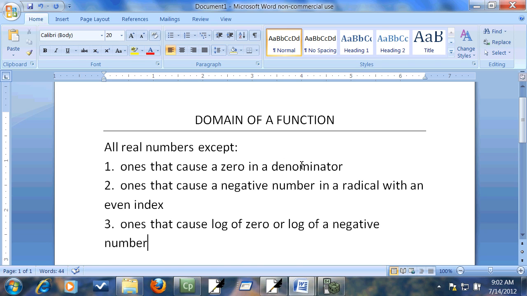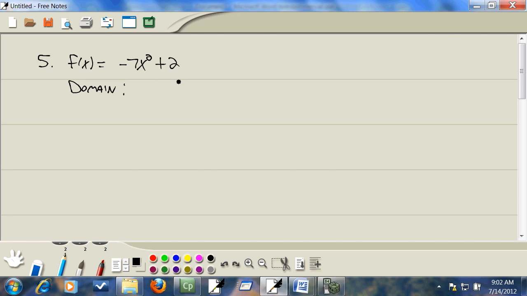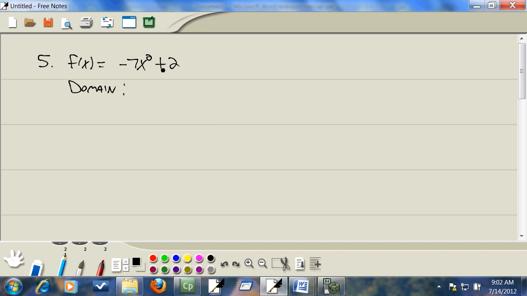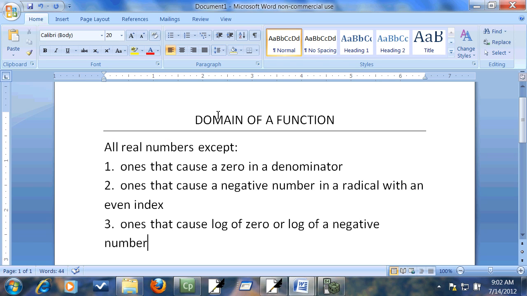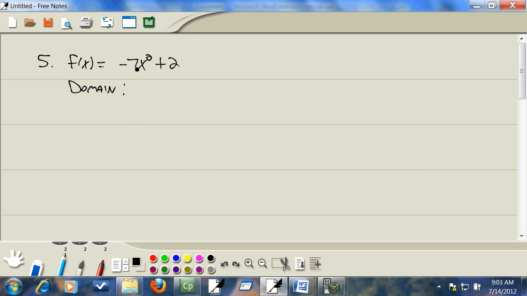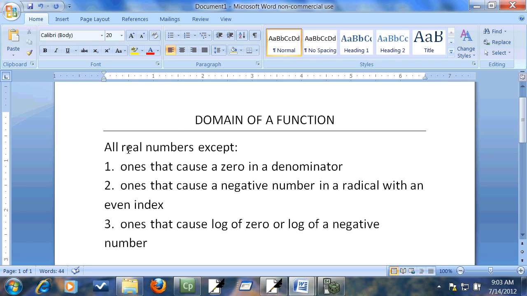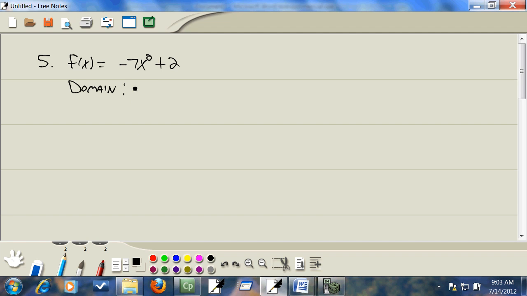Denominator implies you have a fraction. Don't have a fraction. Radical implies you have a radical with an even index. Don't have that. Log implies you have a log. So if you don't have any of those three, then by default, your answer is all real numbers. So domain will be negative infinity to positive infinity.